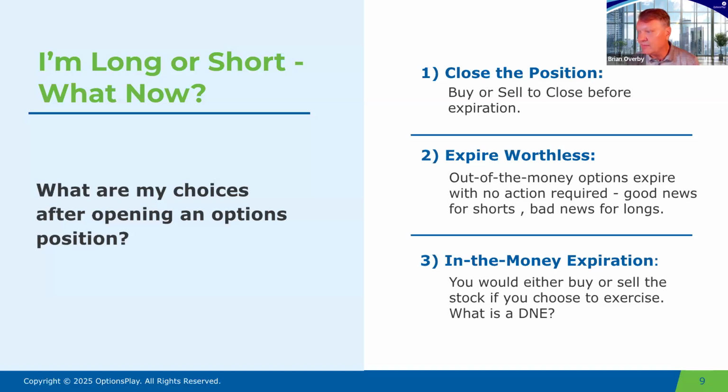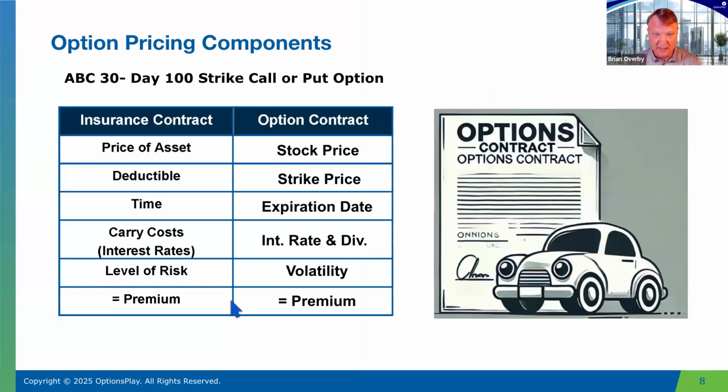All right, so I have two questions that popped up before I get to the next slide. Joe says, how do the Greeks factor in? The Greeks are just a tool to help you understand the variables. So if I go back, before I move too far along, there's a Greek that goes along with the stock price movement. That's delta. There's a Greek that goes along with the expiration date. That's theta.